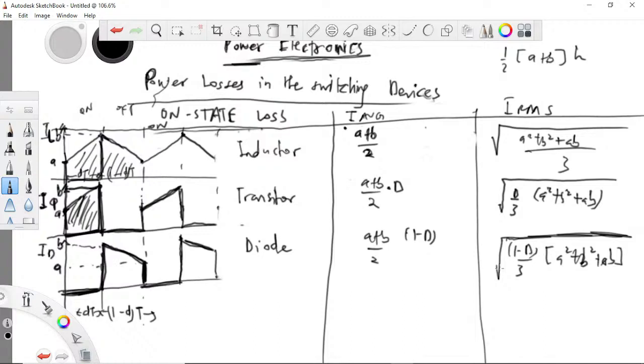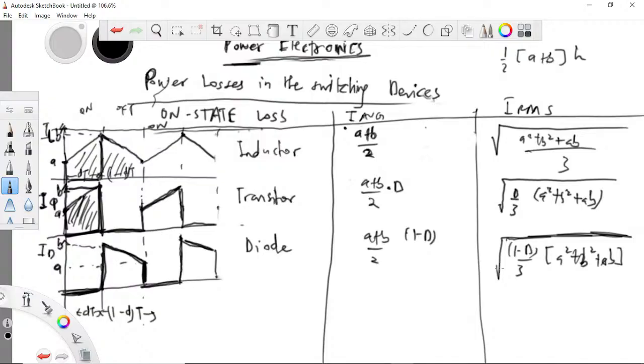This is how you find the average and RMS current of the waveforms. This is very useful in solving the questions here and in Unit 3, so kindly pay attention to them. Next time we'll see the switching losses and the off-state losses. So how do we use this?